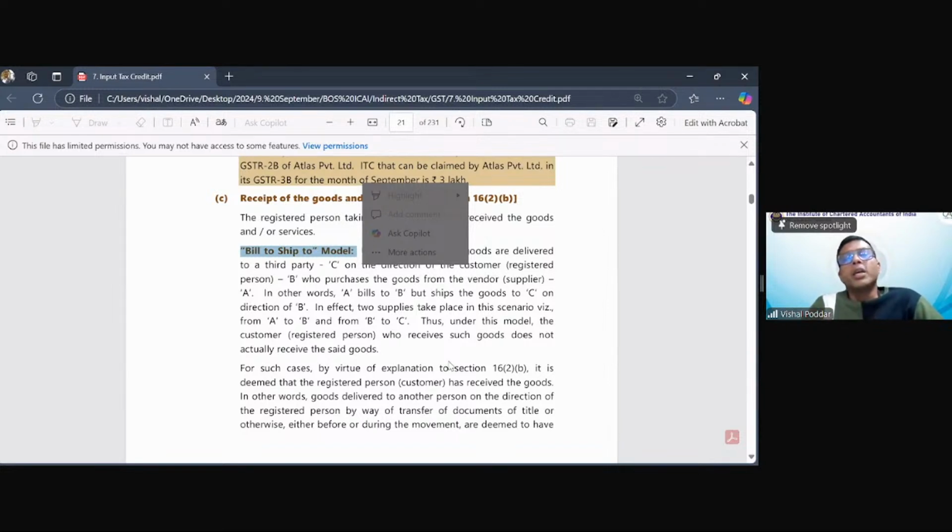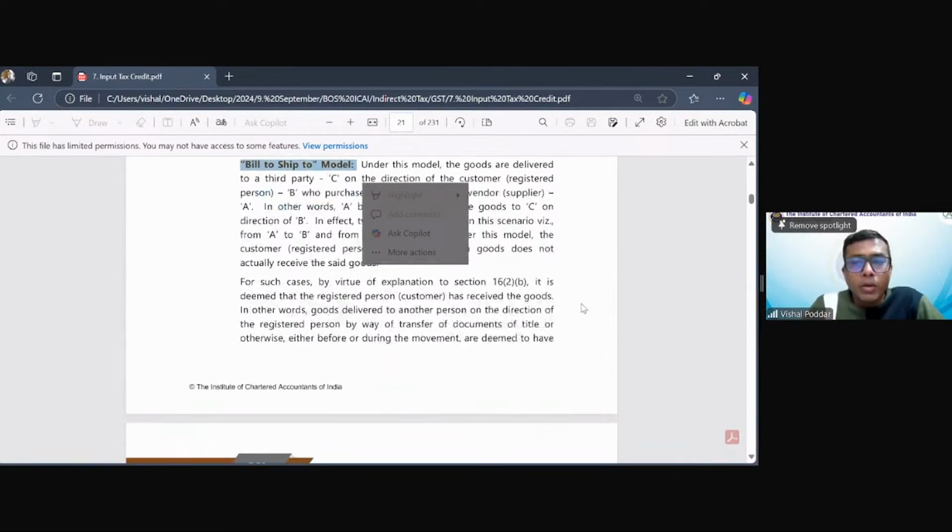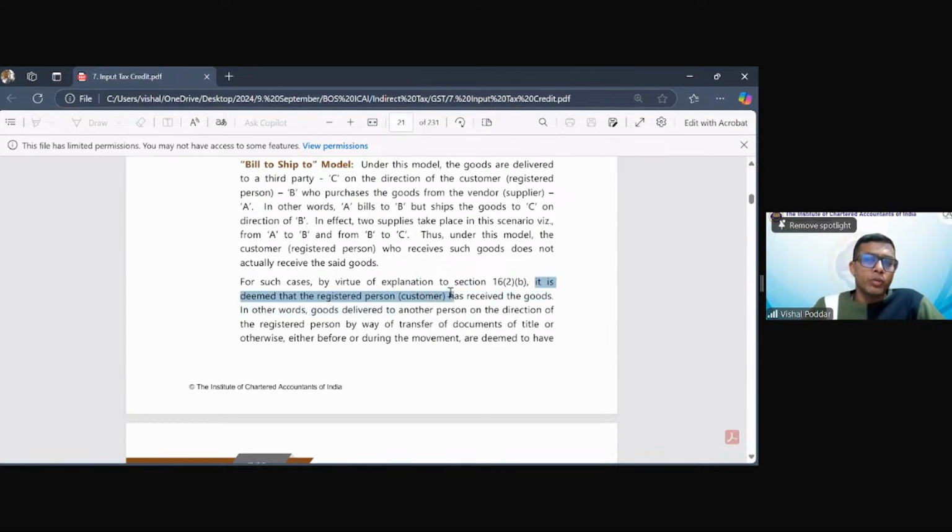In other words, in bill to ship to model, it is not necessary that Hemant should have physically received the goods, and it says it would be deemed that Hemant, who is my customer, has received the goods when the goods are delivered by me to another person. Who is this another person? It is Mitali on the direction of Hemant.